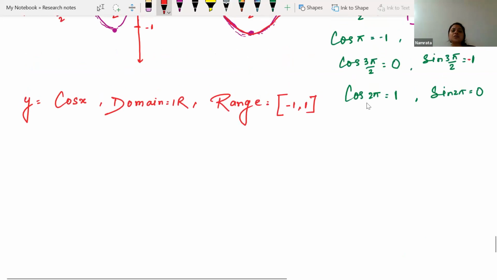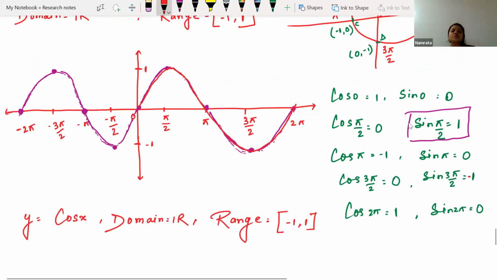Or you can also check it in your list: 0 is 1, pi by 2 is 0, pi is -1, 3 pi by 2 is 0, 2 pi is 1. Here the value is ranging from -1 to 1. After 2 pi, again there will be repetition of values. So the maximum value is +1, the minimum value is -1, and the range is from -1 to +1, closed interval. Is it clear?